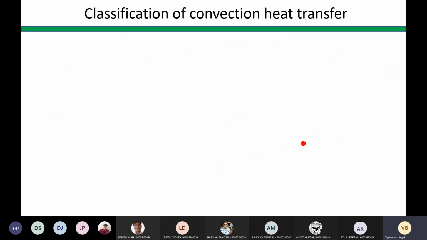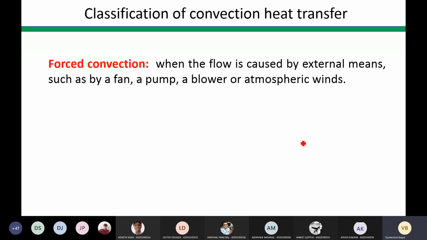The classification of convection heat transfer we already talked about in the introductory part: convection is basically classified as free and forced convection, or natural convection and forced convection. So what do we mean by forced convection? When the flow of the fluid is caused by external means, such as a fan, a pump, a blower, or any atmospheric winds, which typically move at 5 kmph to 15 kmph, or even more than that.